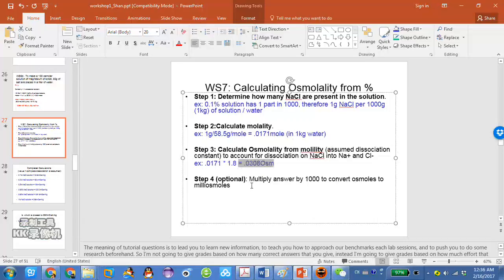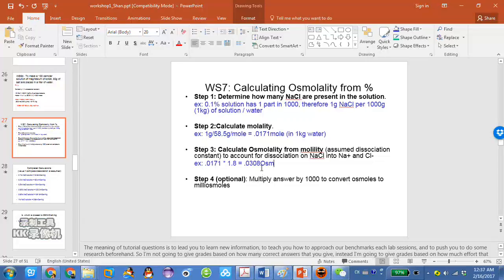Step 4 is optional, but I suggest you do it because if you have such a small number for osmolality, it is very easy to miss a zero or add a zero somewhere. So when we have a very small number at the end of the calculation, I'll convert it into a smaller unit.